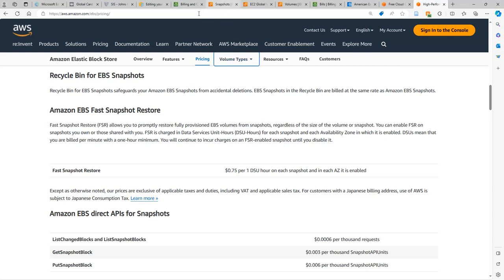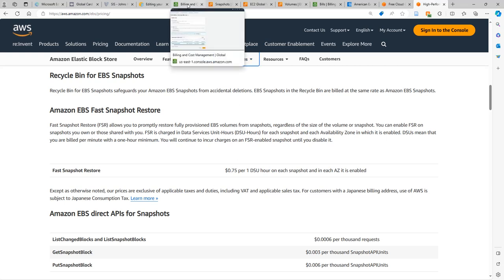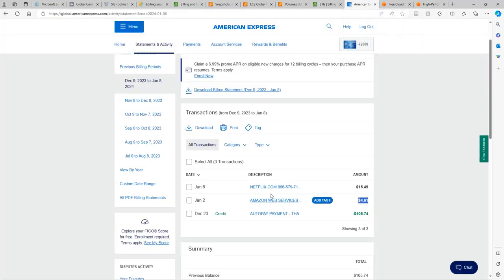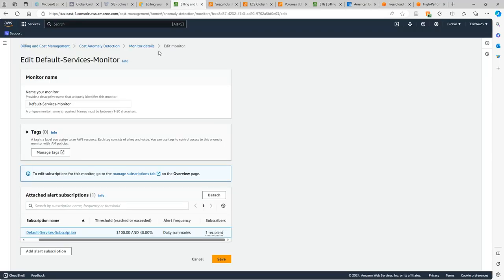One thing that we could do to avoid this situation, other than looking at your credit card bills more often, is to set up a cost monitor system in AWS. If you are using AWS, you could go to Billing and Cost Management, Cost Anomaly Detection, monitor details.